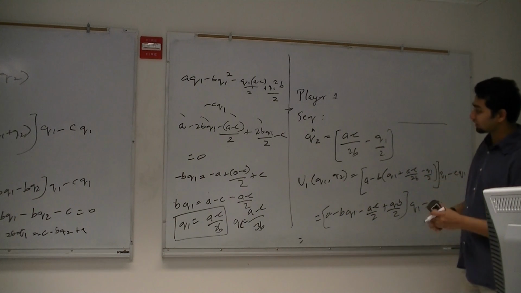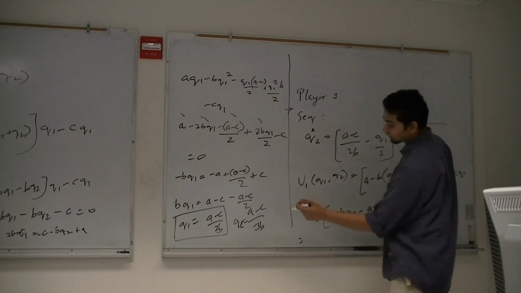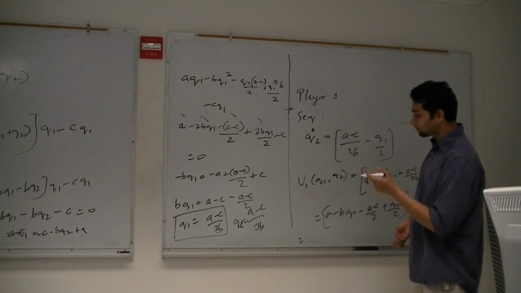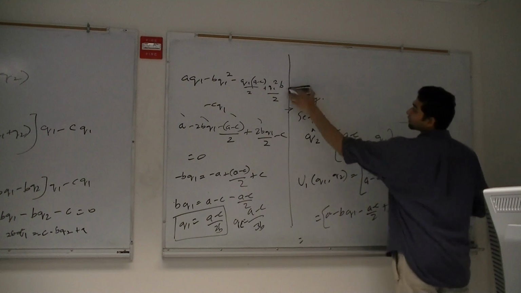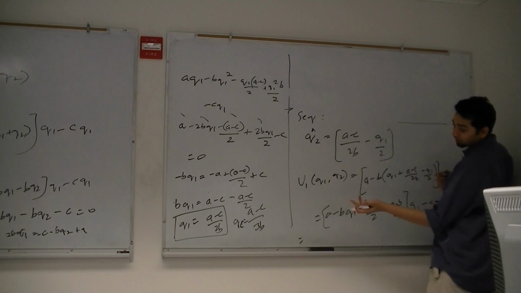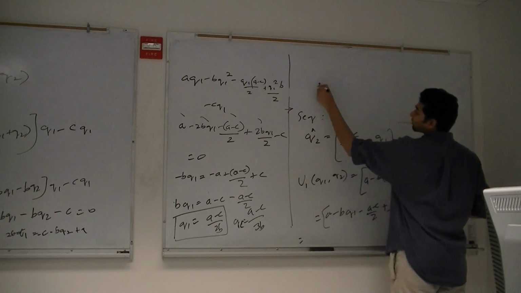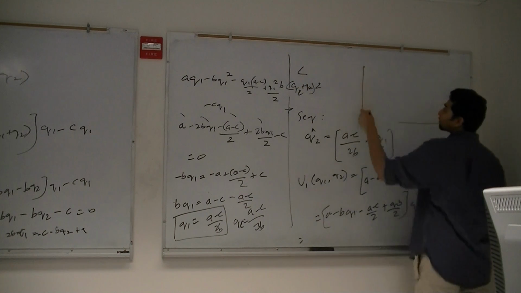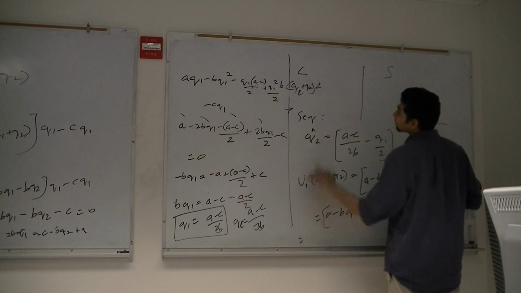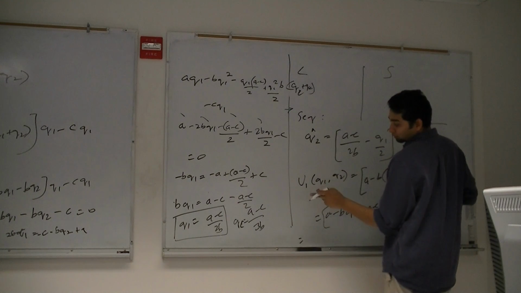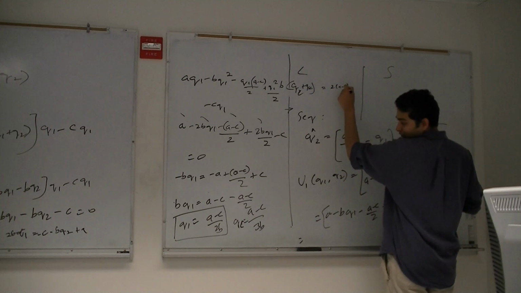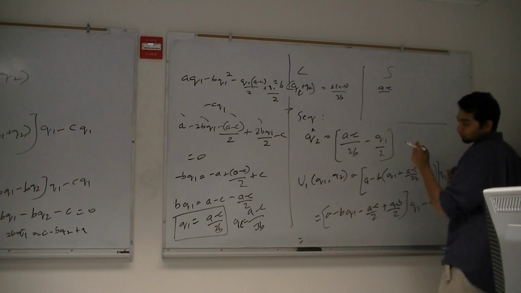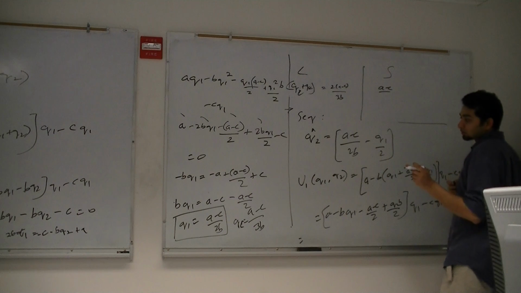Another thing I wanted to point out is the total quantity produced in the Cournot model and the Stackelberg model. Let's try to compute it.